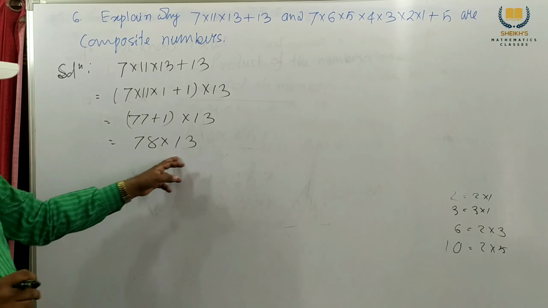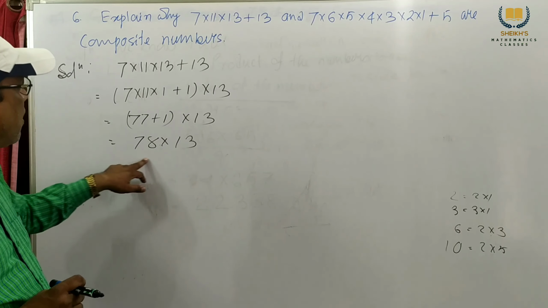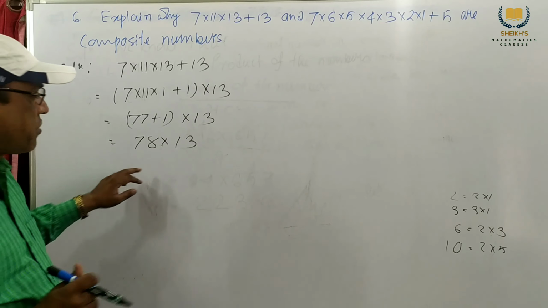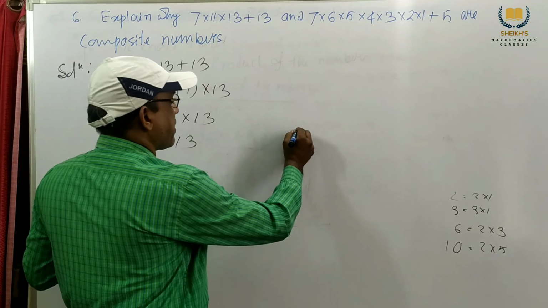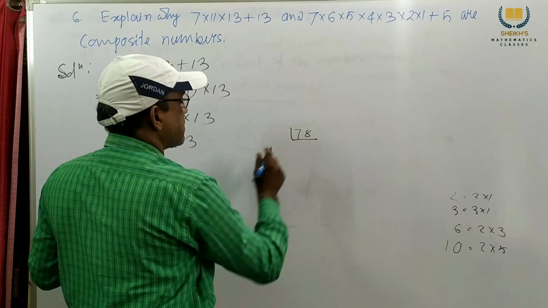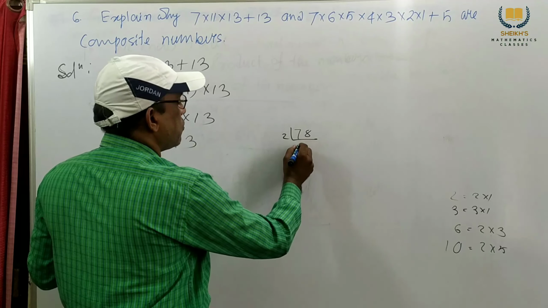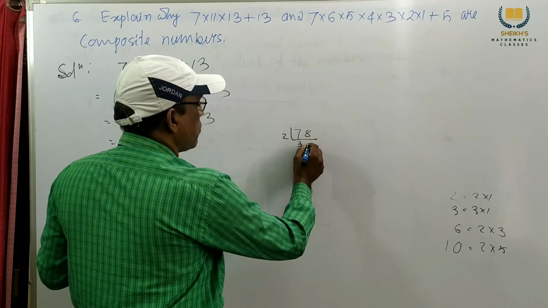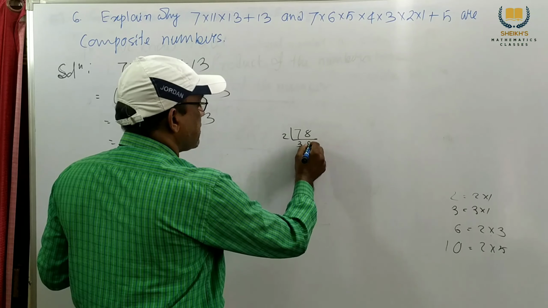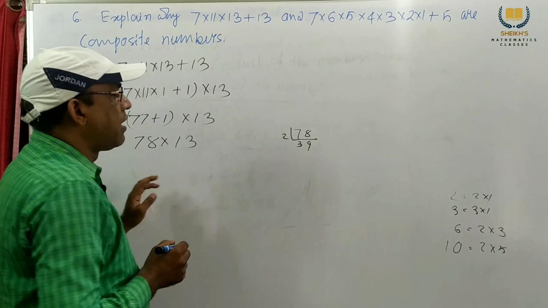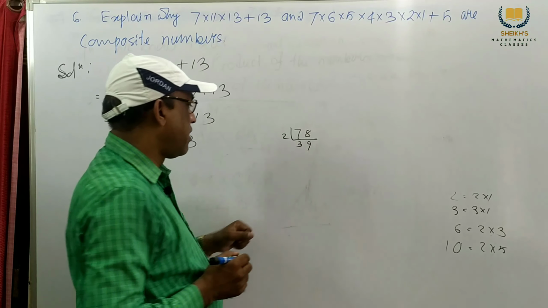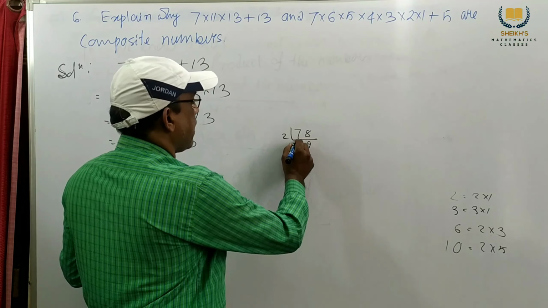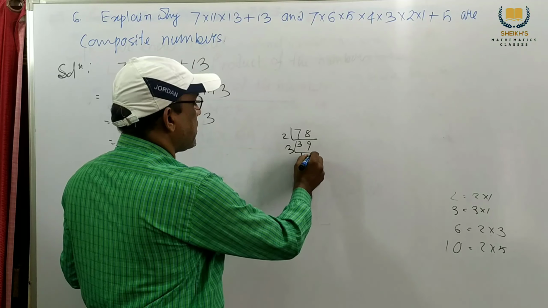Now we examine whether it is a product of prime numbers or not. 78 is 2 into 39, and 39 is 3 into 13.